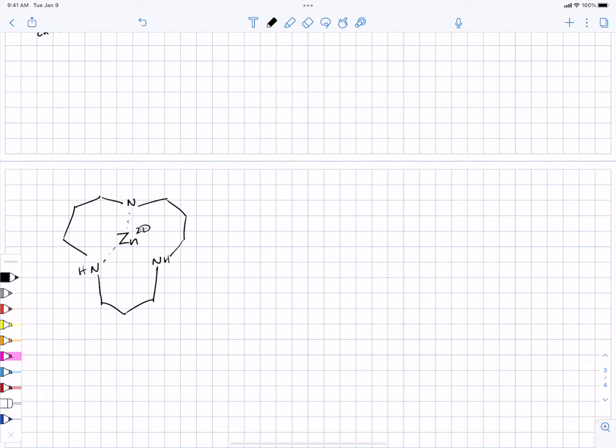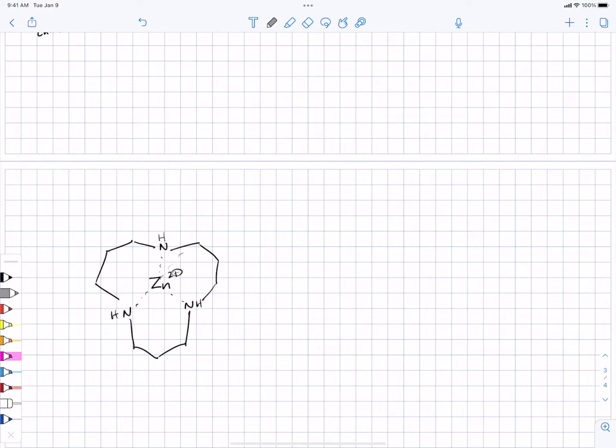So you have the amino groups holding on to the zinc, and then you have some available axial positions where you can chelate water. What the zinc does by binding the water is it lowers the pKa of the proton to such a point that it can be removed at physiological pH, and then you've got hydroxide that you can use for stuff. All right, so Lewis acid catalysis is another very common way to do things.